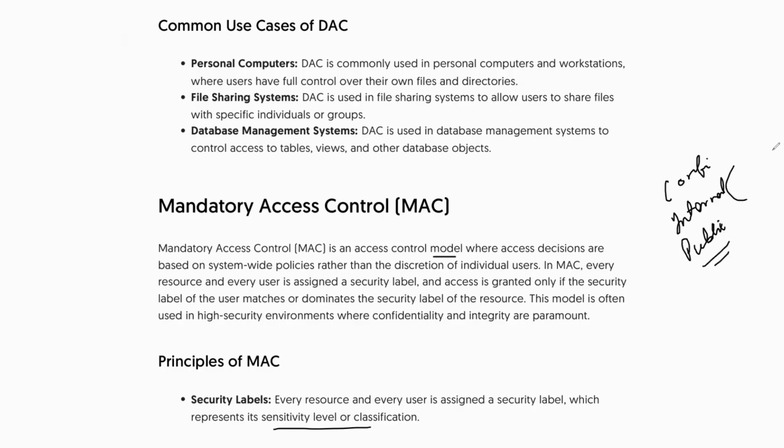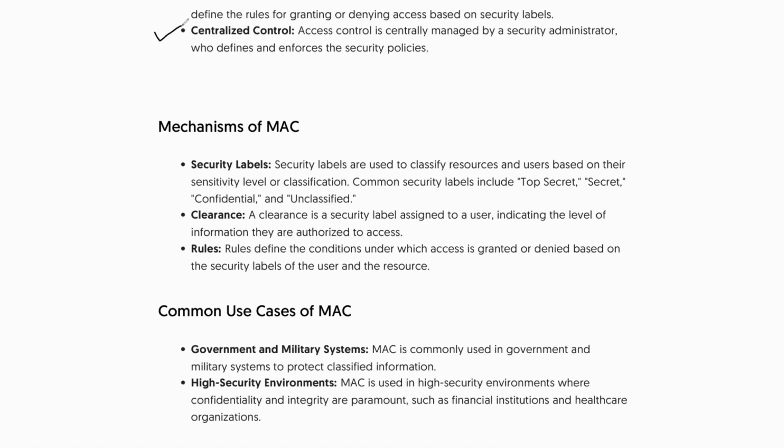Internal is only for employees. Confidential is within employees, a certain category of users. That is how you define mandatory access control. Then it is a centralized control. Here users are not defining access; there is a policy, and that's where it is managed.